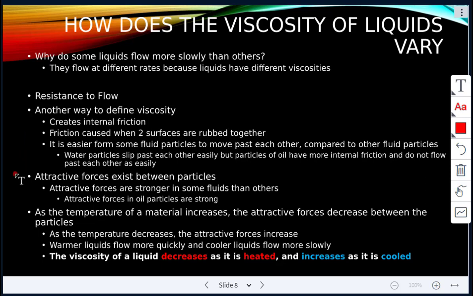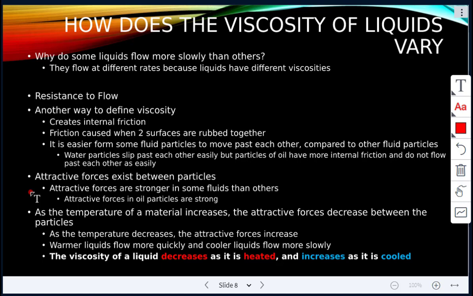The reason is there are attractive forces, like we talked about when we were looking at the particle model of matter, that there is attraction between particles. Some attractive forces are stronger in some fluids than others. So when we're looking at oil compared to water, the attractive forces in oil particles are strong.